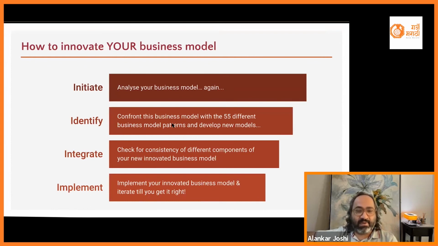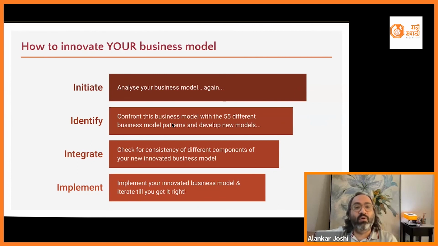Over the past 7-8 weeks, we've closely looked at your business model canvas, sometimes designed it, redesigned it. Go back to your business model again. Use the innovation lens. Confront the business model with the 55 different innovation patterns, which I'll share as a document, that other companies have used, and then try to see what you can innovate.